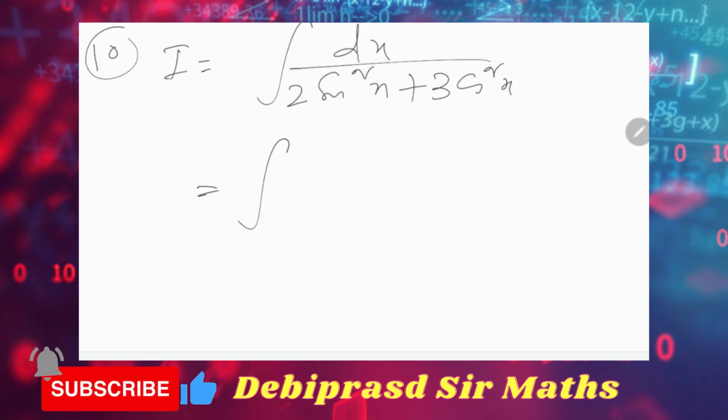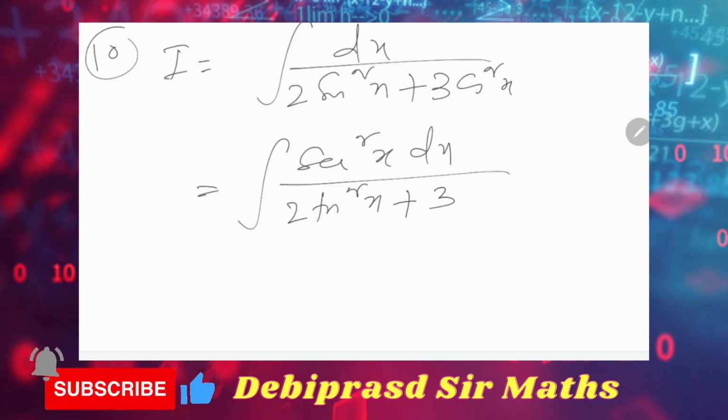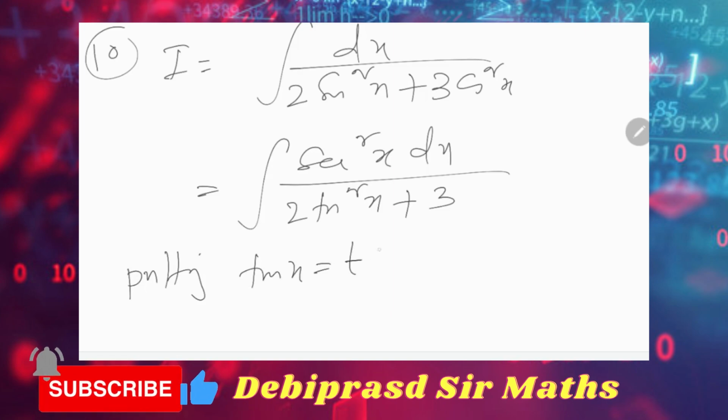So this is sec square x dx by, we will get, 2 tan square x plus 3. Okay. Then putting tan x is equal to t. So what can I write? Sec square x dx is equal to dt.